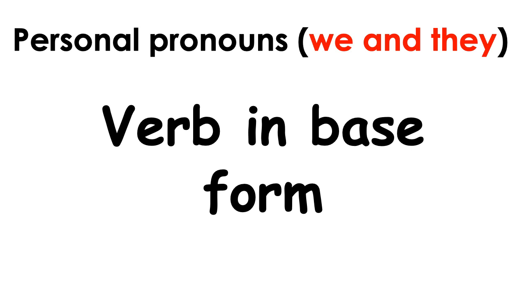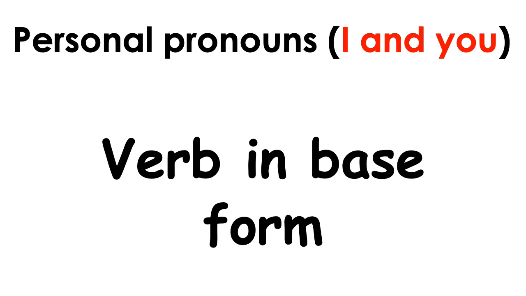Alright? So, the exceptional case, okay? Exceptional case for personal pronouns I and you. Although I and you is a singular subject, the verb must be in the base form. Okay, ini ada exceptional case. Okay, pengecualian.